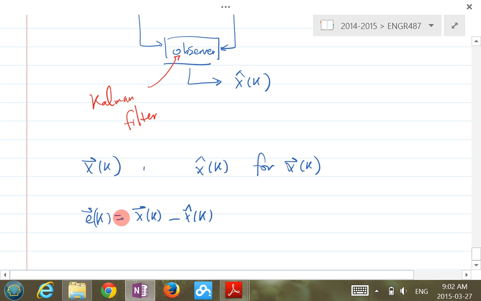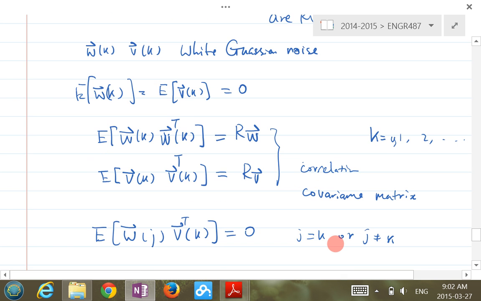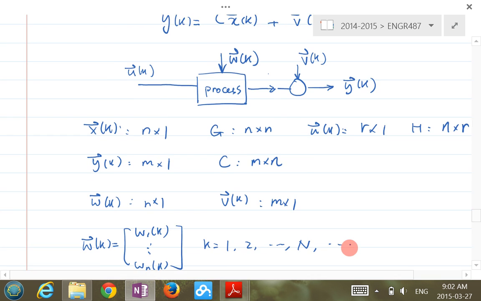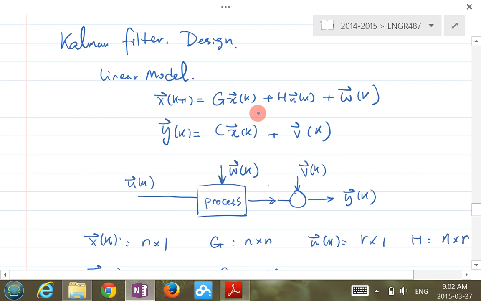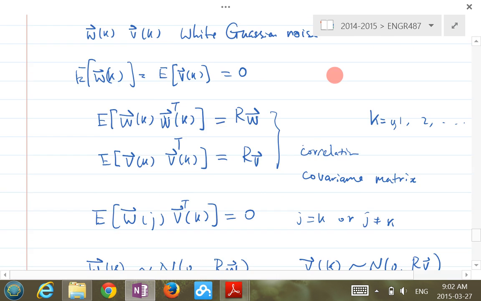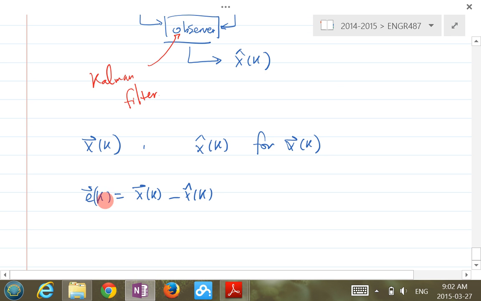You're trying to let the e go to 0. But now you don't have a clean system. You have a noise-contaminated system, so the noise is not going to go away. For this stochastic system, your estimation error E is not going to go to 0.